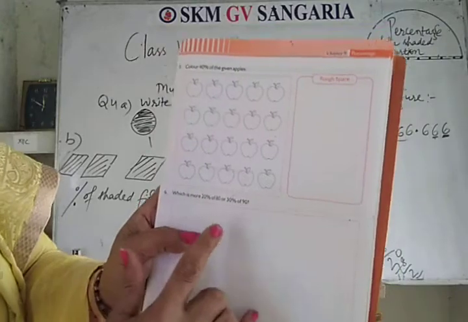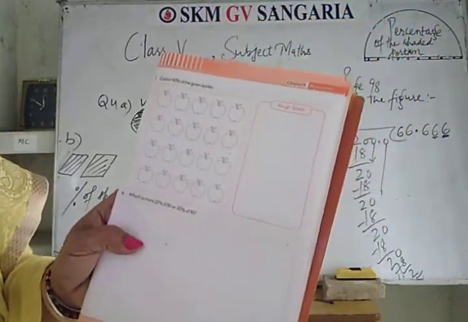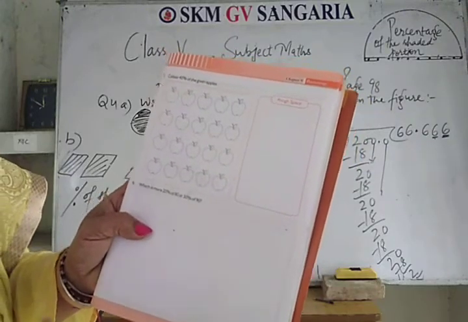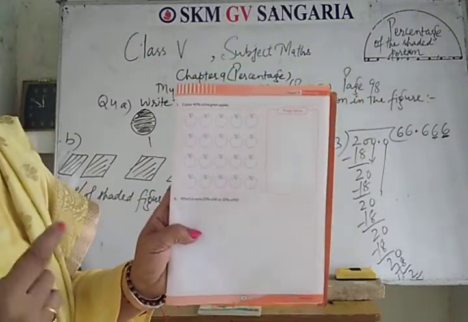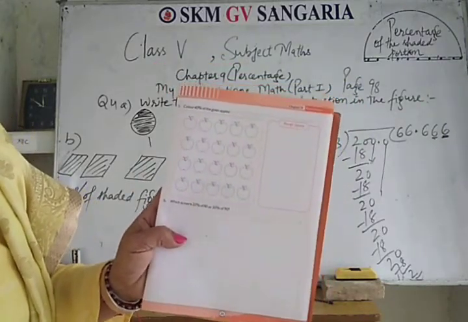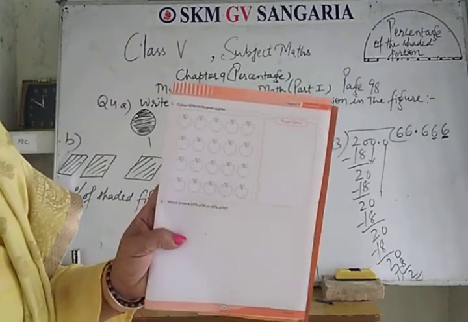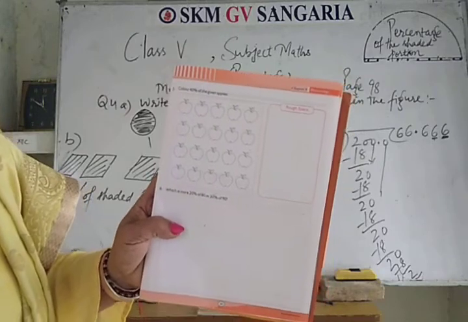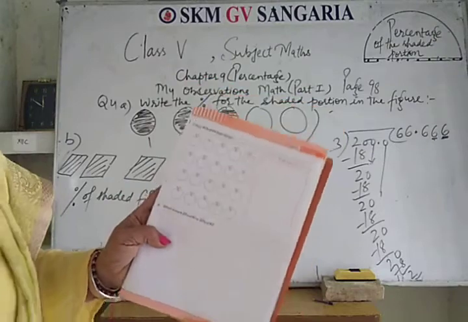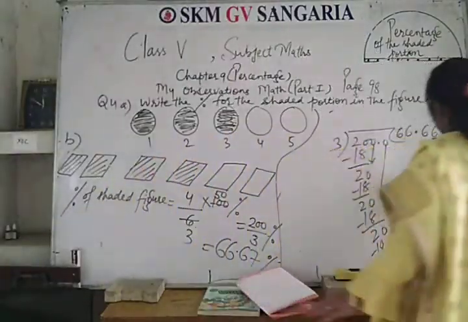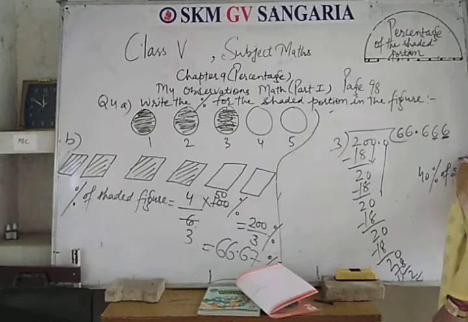You will write total apples 20. Then 40% of 20 apples is equal to 40 divided by 100 into 20. Then simplify.